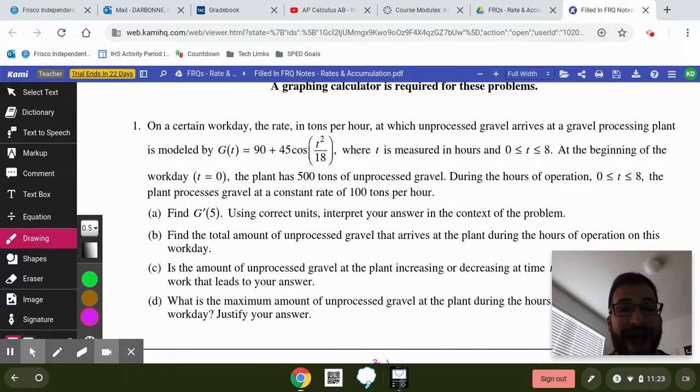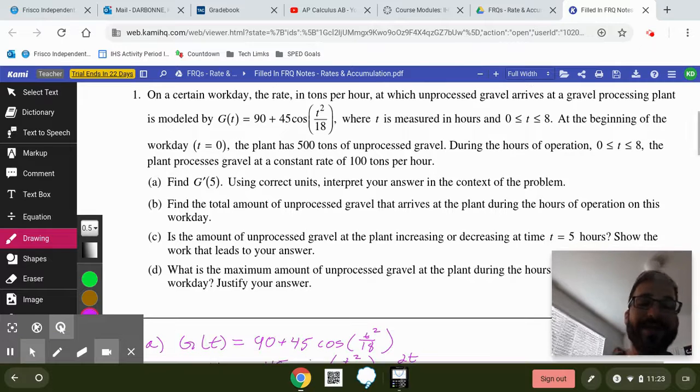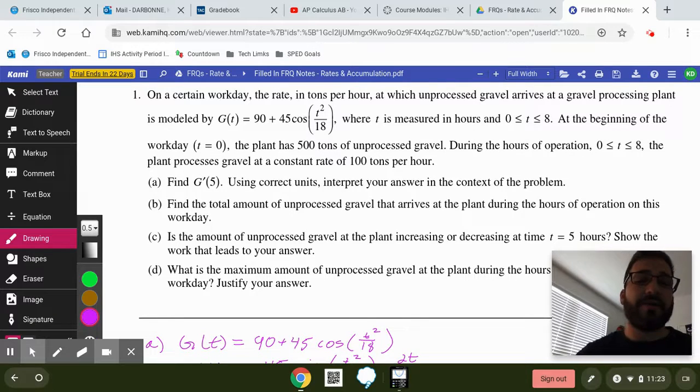So at t equals 0, the plant has 500 tons of unprocessed gravel. So I'm going to have to include that 500 in anything that I do. As I include that, I also need to include the rate that the gravel is coming in, G of t, and the rate that gravel is being taken out.